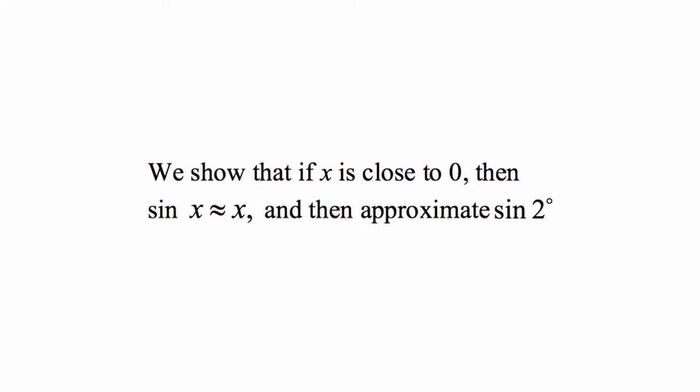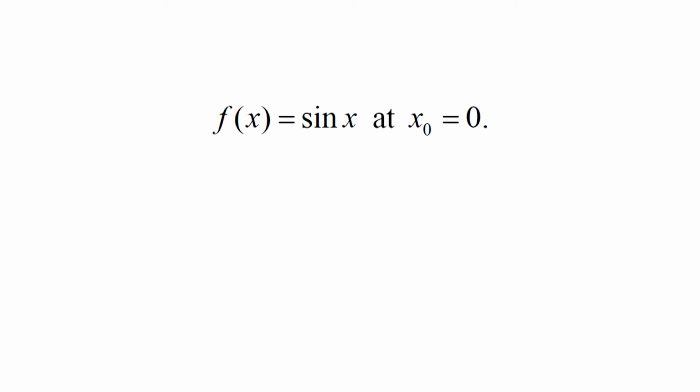We show that if x is close to 0, then sin x is approximately equal to x, and then approximate sin 2 degree. Since we are interested in approximating sin x for values of x very close to 0, we compute the local linear approximation of f of x equal to sin x at x naught equal to 0.